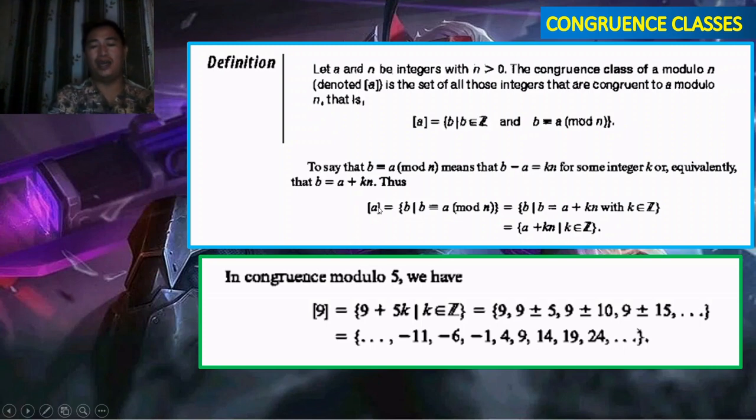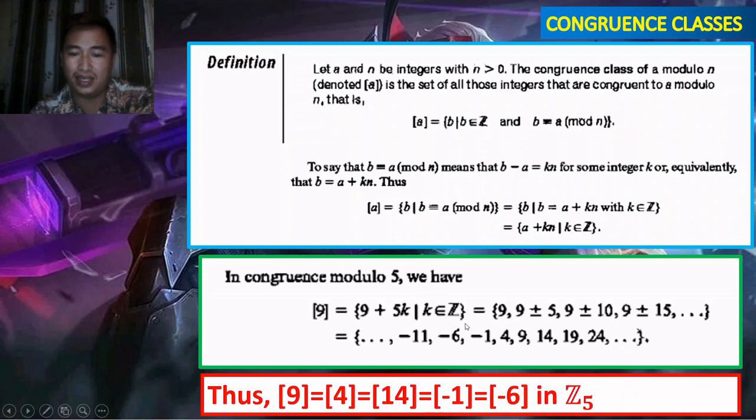So what are the elements of the class of A? The elements of the equivalence class of A are those obtained by adding to A a multiple of N. For example, in congruence modulo 5, the congruence class of 9 modulo 5 is equal to 9 plus 5k, since 5 is our N, such that k is an element of Z. So 9 is the first element when k is 0. If k is 1, it becomes 14. We can also use minus 5, if k is negative 1.